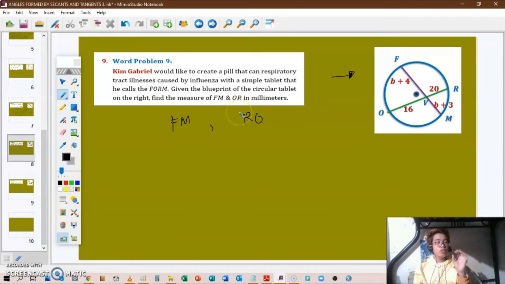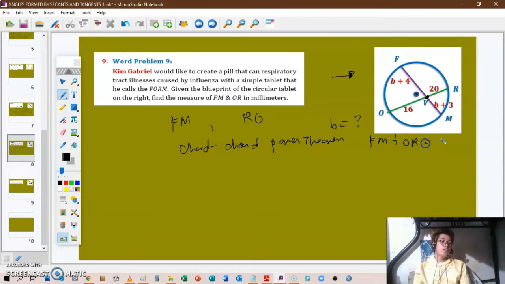And we're also given the smaller segments because the two chords intersect at point V. So therefore, again, using the chord power theorem, we can solve for the value of B and get the measurements of FM and OR respectively.